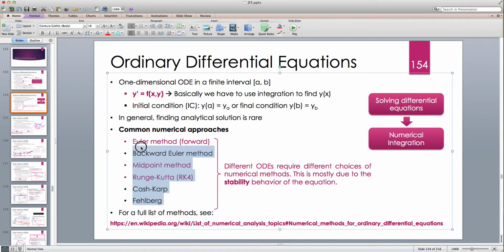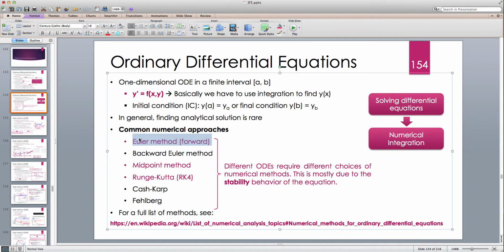And we said that most likely we always end up using RK4, Runge-Kutta fourth order, but in general the stability of the solution depends on the ODE itself, depends on the actual equation for the ODE, all right? And sometimes it's better to use backward Euler method. It has more stability than the forward Euler method, but then it adds more computation costs.